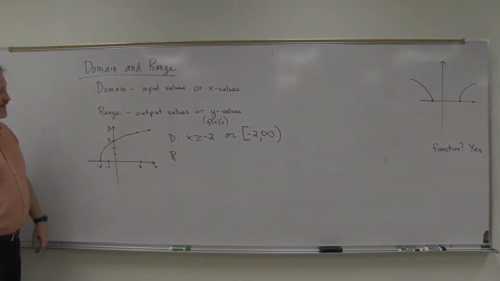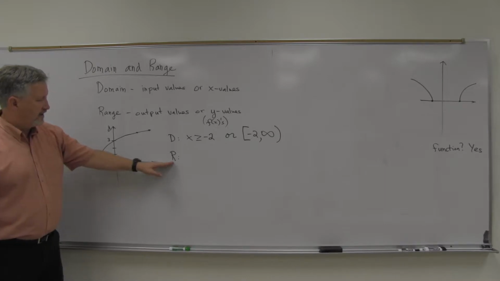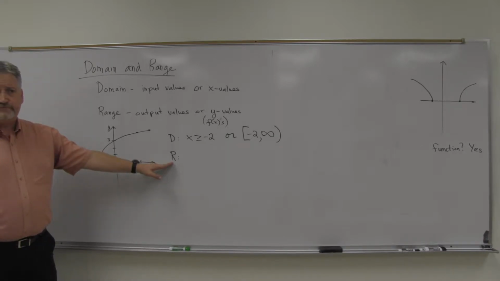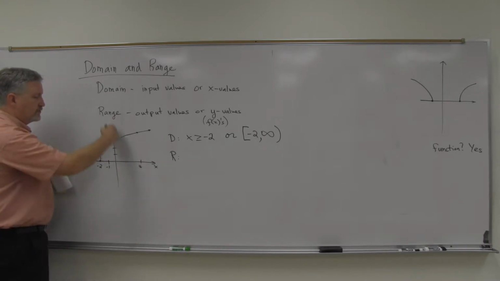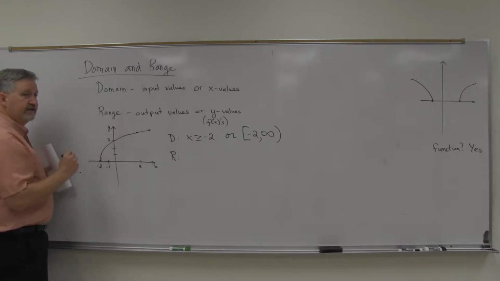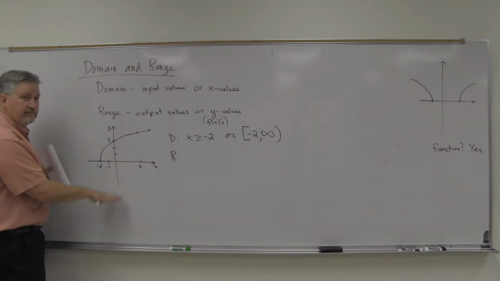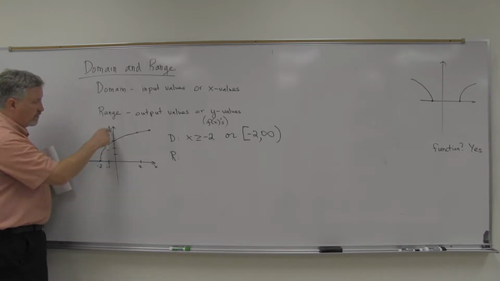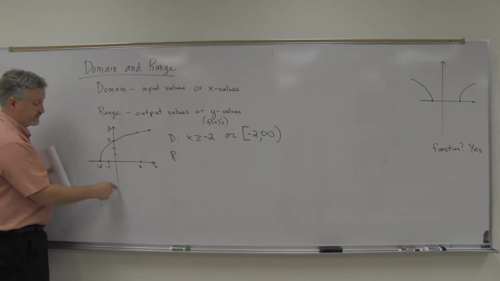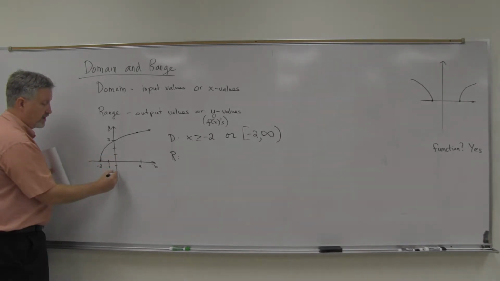All right. Now the range, that's the other side. That's the y values. So we're thinking about the y values here, the y-axis. What do you see not being in the range? Anything below the x-axis right here, the negatives. There's no y value below the x-axis, so there's no -1 for y, no -2.